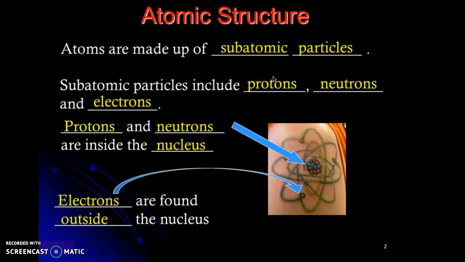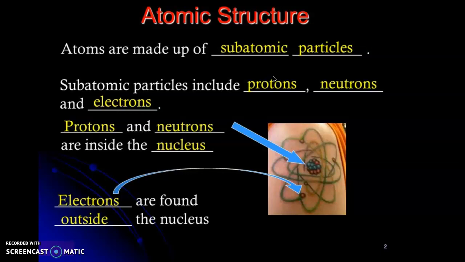Atomic structure. Atoms are made up of subatomic particles. That's a big word, but it's one I want you to add into your vocabulary. Sub means smaller part of an atom, because we have atomic in there. So smaller parts of my atom. These subatomic particles include protons, neutrons, and electrons.